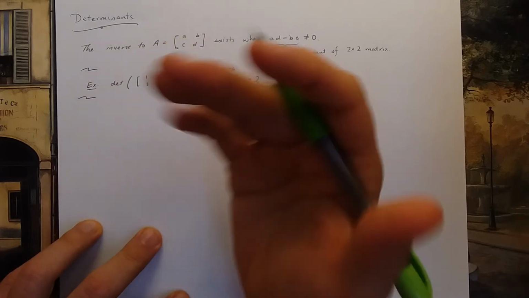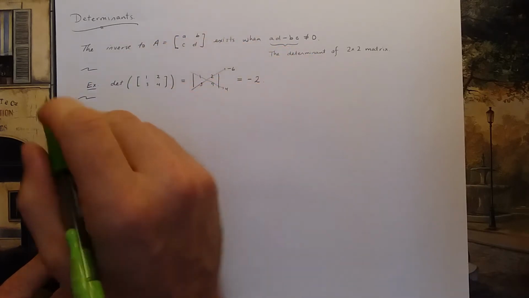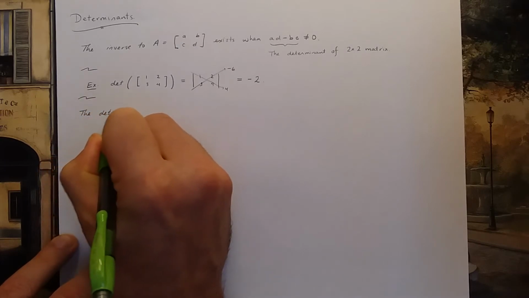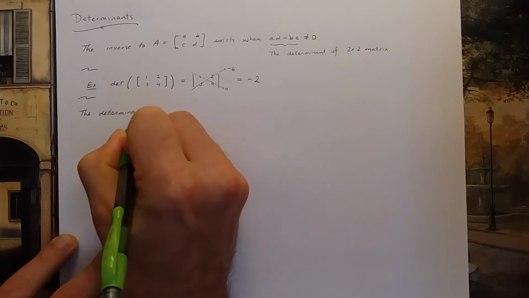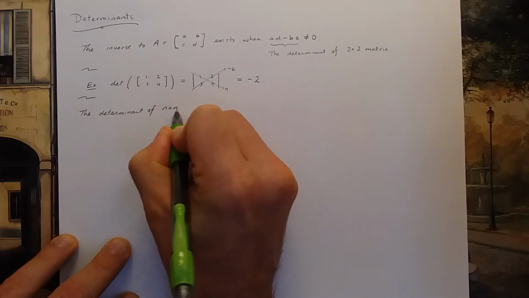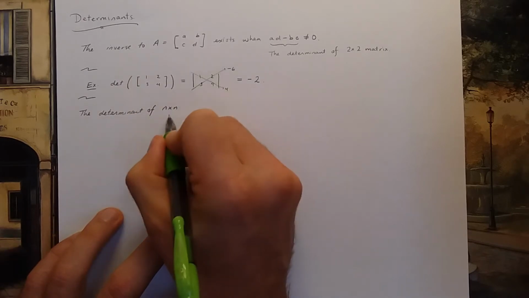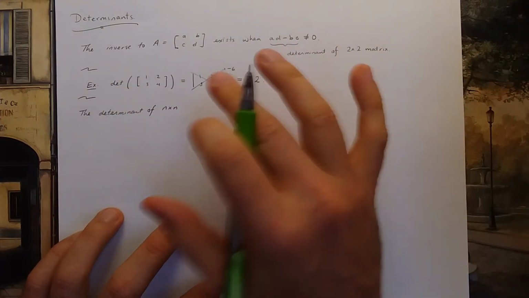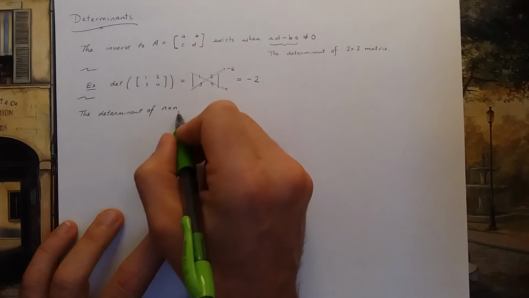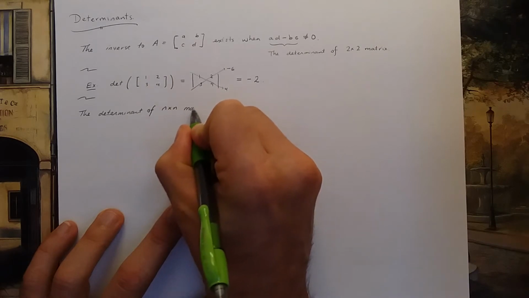Now, if you have a larger matrix, here's how to do the calculation. The determinant of an n by n square matrix, and to do the calculation you must have a square matrix.